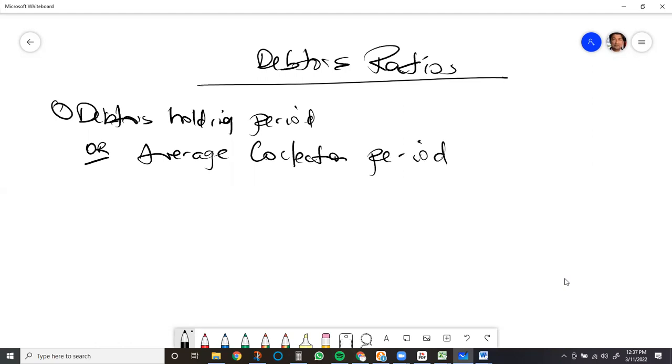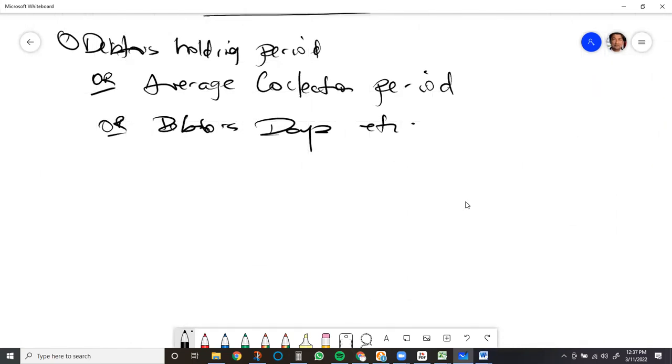So debtors holding period or the average collection period or debtors days, etc. Now, what I mean by etc. is, see, the formula looks like this.